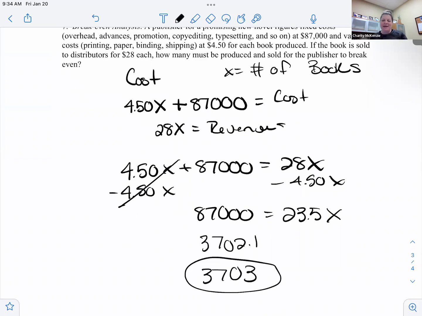We always round up because I'm not going to make enough money off of 3,702 books, right? Because I'm short 90 cents. Or 0.1 doesn't necessarily mean 90 cents, but I have to round it up. So you probably could have jumped right to this as well, depending on how you thought through that problem. All right.